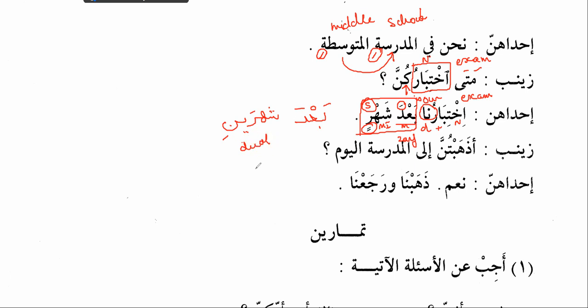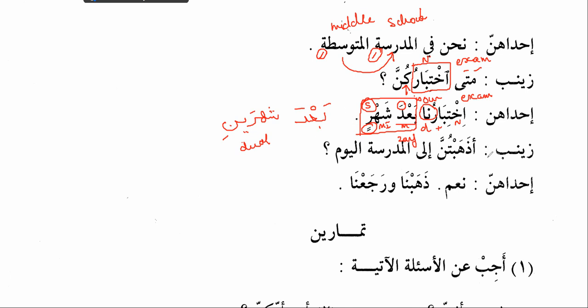If I say Ba'da Sanawat, you will say after years. And if I say Ba'da Sanatin, you will say after a year. So this may change after the zarf, so accordingly, you will translate.